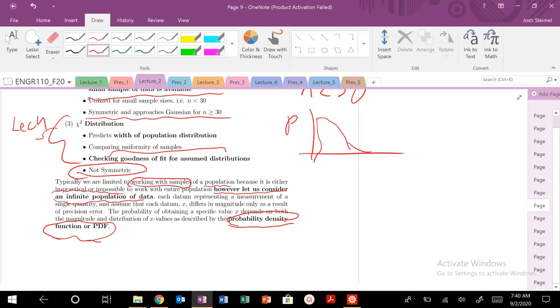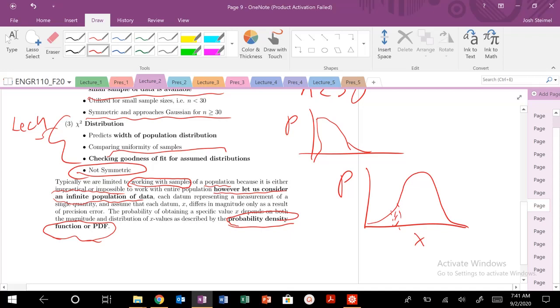If we can describe the probability of obtaining some measurand x based on this distribution, then if I'm trying to figure out what's the probability that my measurement falls between this range and this range, I could use this PDF function, integrate this area, and figure out that probability.